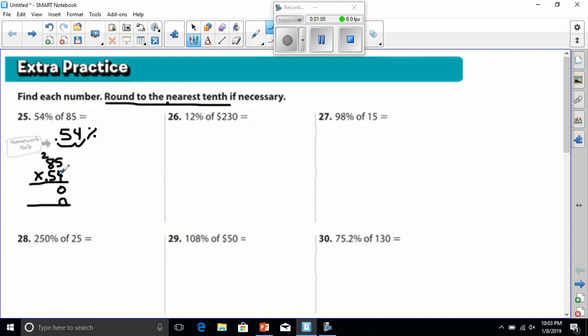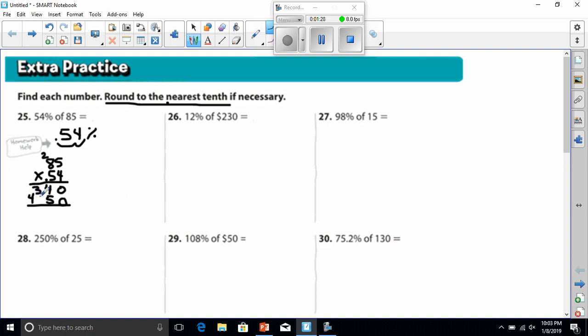We have 8 times 4, which is 32, plus 2 will be 34. We have 5 times 5, which is 25. And the 2 up here again. And 8 times 5 is 40, plus 2 will be 42.